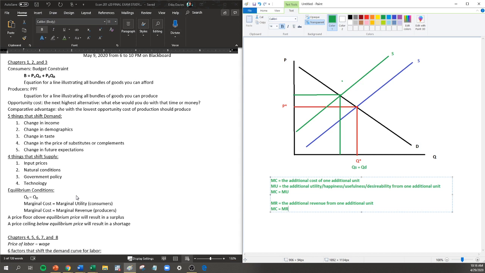An example of this is the minimum wage. The minimum wage is a price floor. Firms are not allowed to pay any less than $7.25 or whatever it might be for an hour of your labor. We also have price ceilings. This is a cap on something. Rent control is an example of a price ceiling.